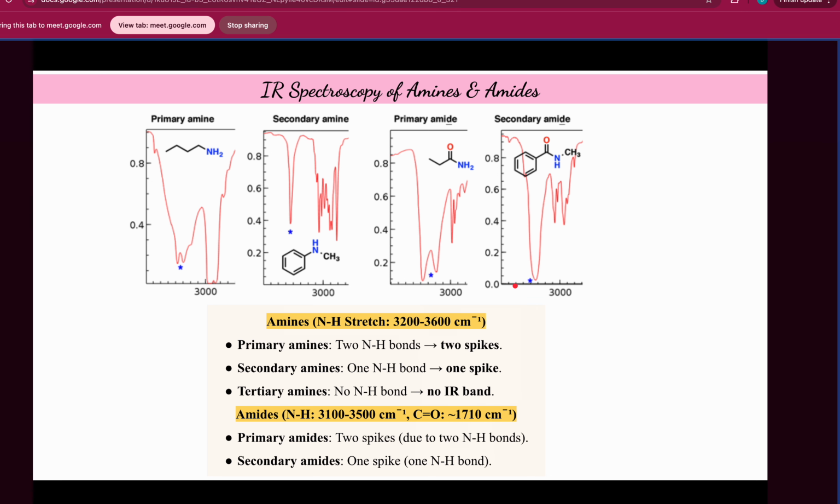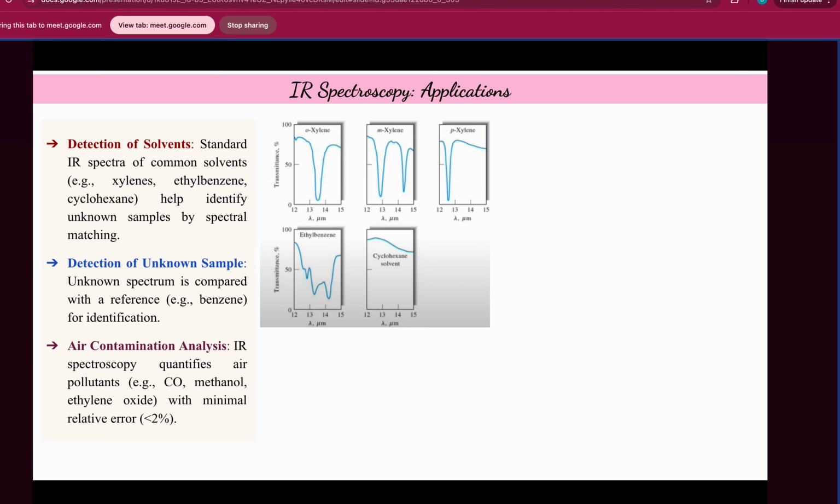So with the help of this IR spectra, you can identify whether the compound you are observing has amines, amides, primary amides or secondary amines, depending on how the spikes are observed: two spikes, one spike. This tells you how the IR spectra is helping you to distinguish among compounds.